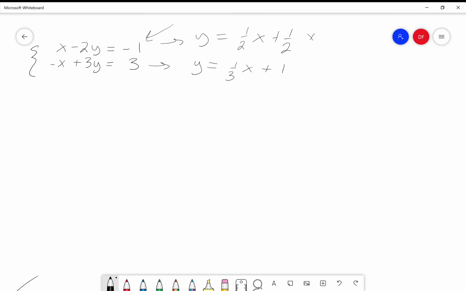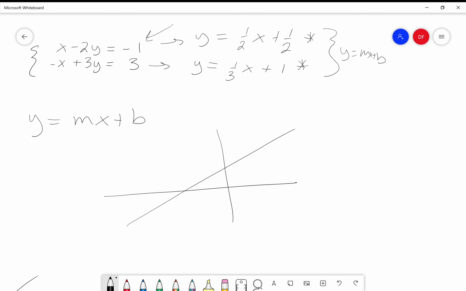Now if I look at these two and I ask you, what is their shape? You should know, oh, this looks like y equals mx plus b. And y equals mx plus b, when we graph it, is a line where this value is b and the slope is m, which equals y2 minus y1 over x2 minus x1.